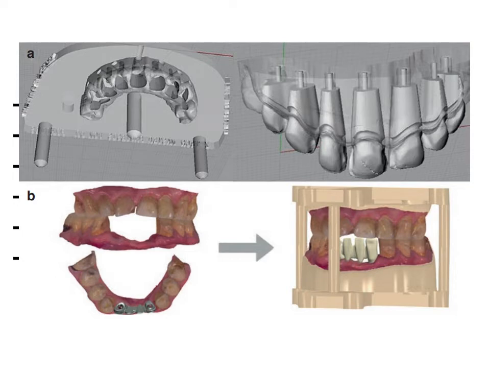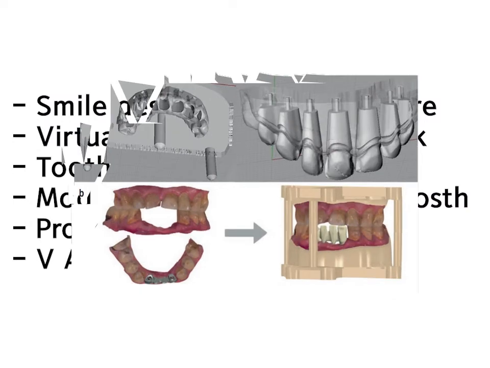In implant cases, the models can be designed with pre-made holes for the implant analogs and a detachable segment for the gingival mask that is to be manufactured using a different type of material than the rest of the model.